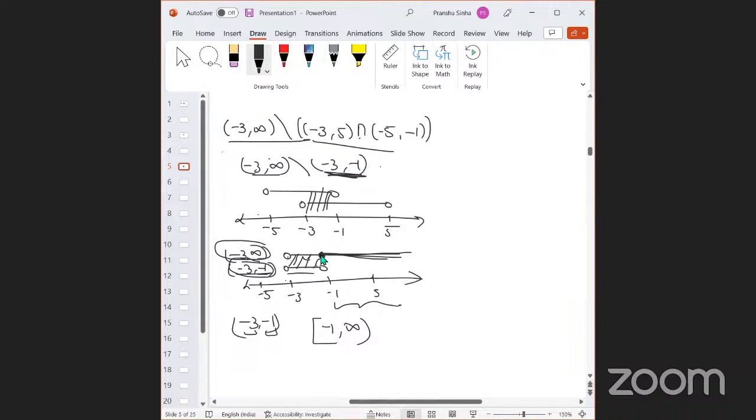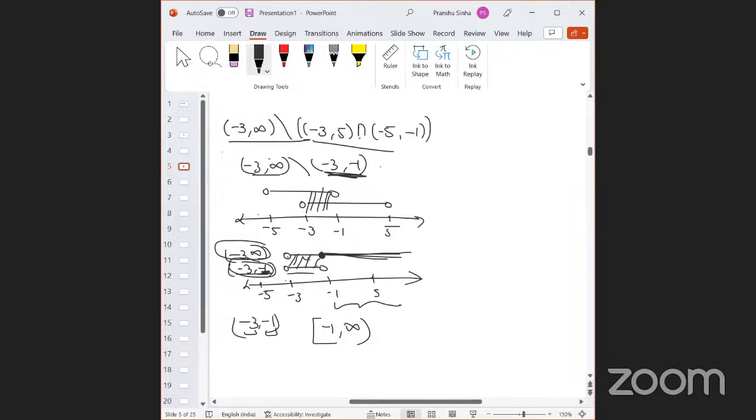So the closed set, why is it like this, right? See, in order to make it continuous, this point must be there, because in the interval from which we are subtracting, -1 is not included.